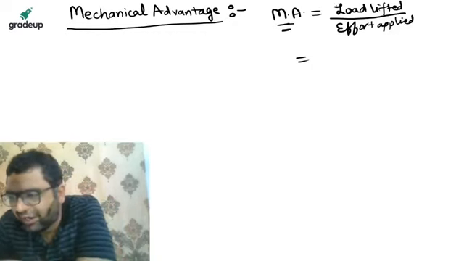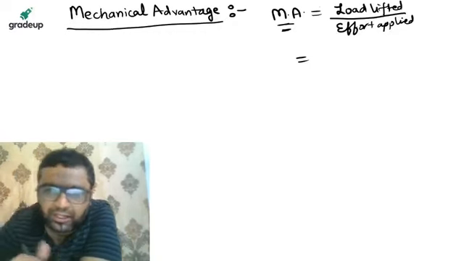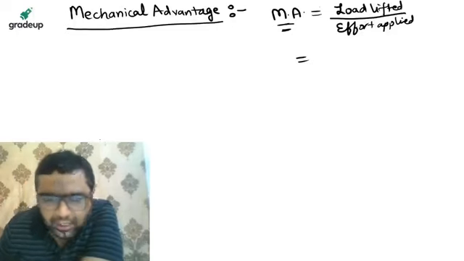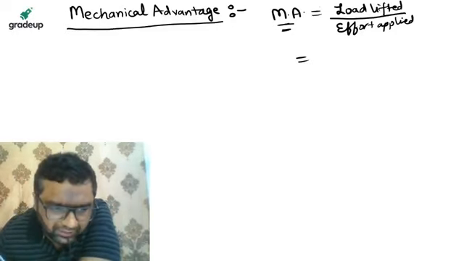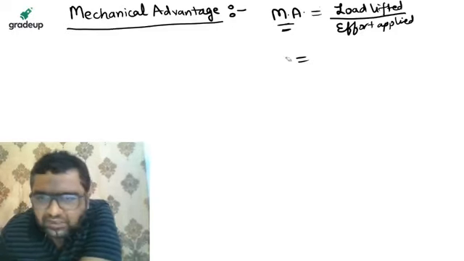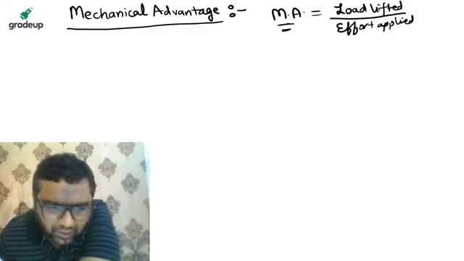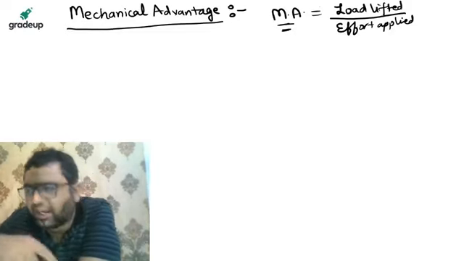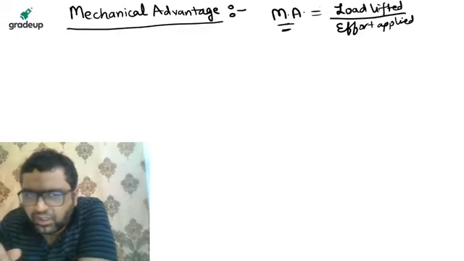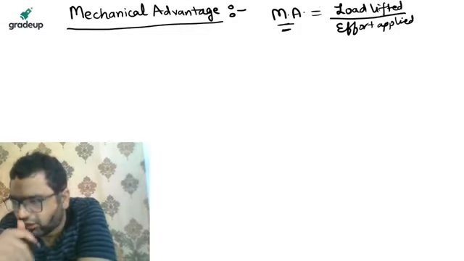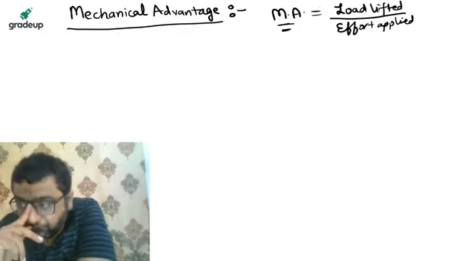Load lifted by effort applied. This is said to be mechanical advantage. And if you are talking about mechanical advantage, you have seen some devices like screw jack, where you apply a small force and a whole car can be lifted up. Such conditions are going to give you mechanical advantage.